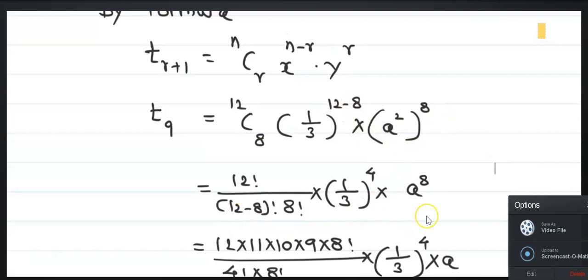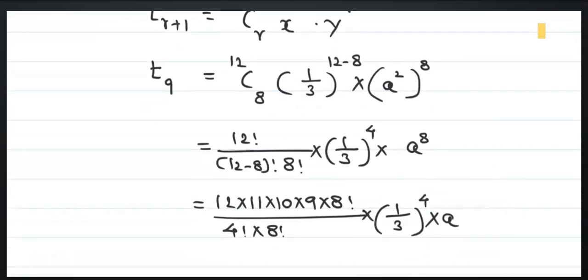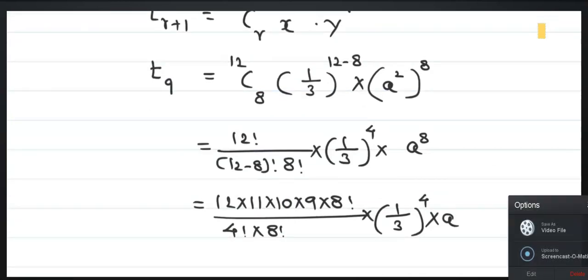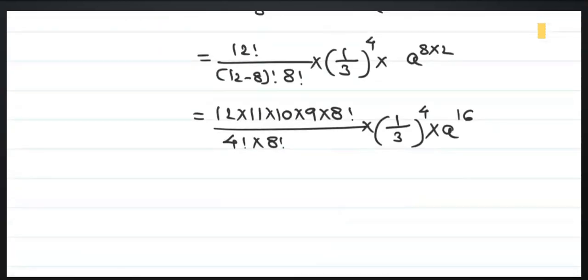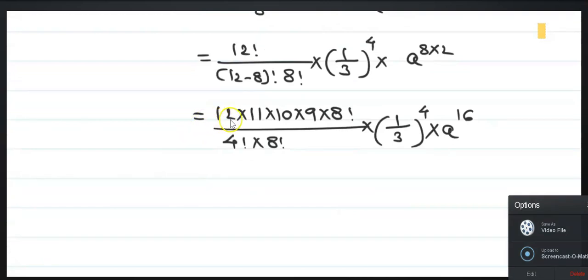Now this is the simple calculation: 12 factorial upon 12 minus 8 factorial into 8 factorial, that is 12 into 11 into 10 into 9 into 8 factorial upon 4 factorial into 8 factorial, (1 by 3) raised to 4, a raised to 16.